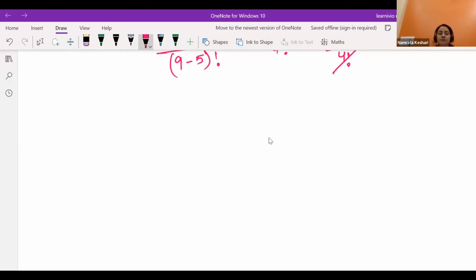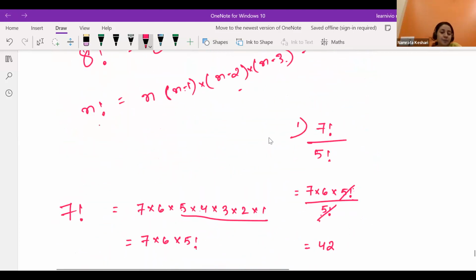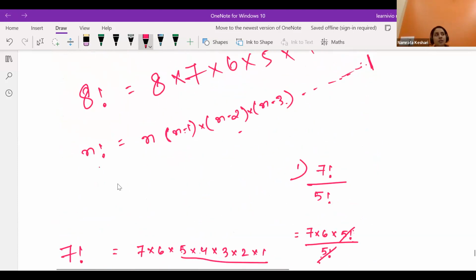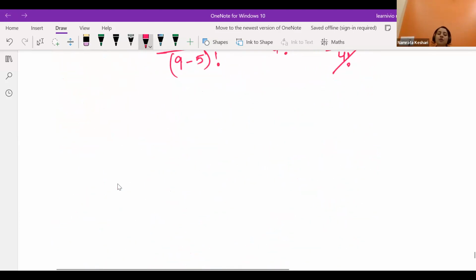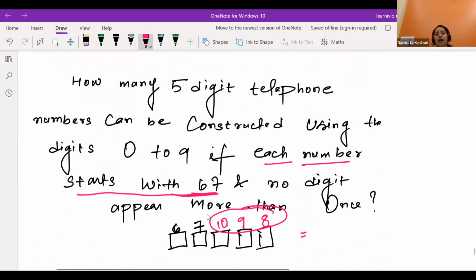So yes, now I was talking about a formula which will help us directly to take out these answers, which we were thinking about with a space filling method, and then we were finding this. There is a formula that is NPR. Total n objects we are having. Here we are having totals 0 to 9, 10 numbers.